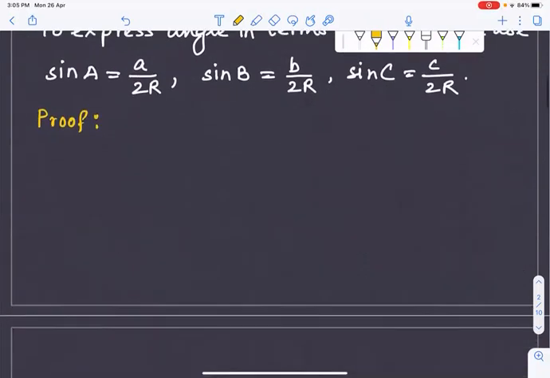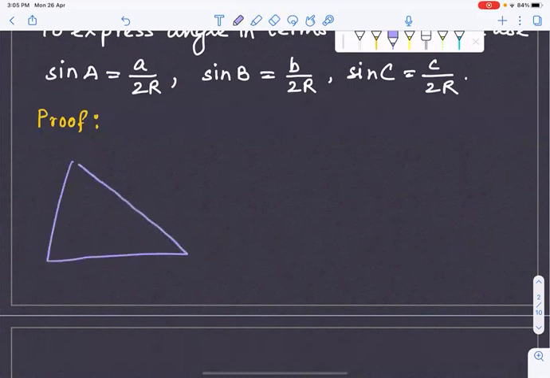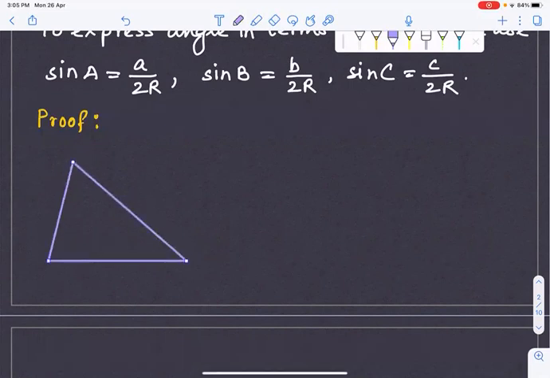Let us consider a triangle ABC, something like this, and we consider a circle, circumcircle of this.